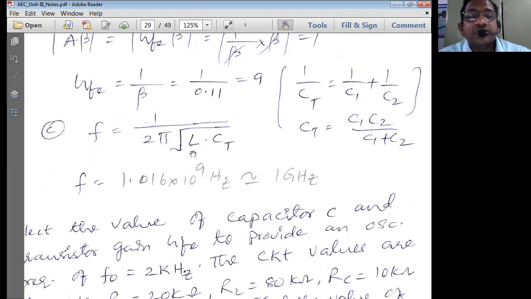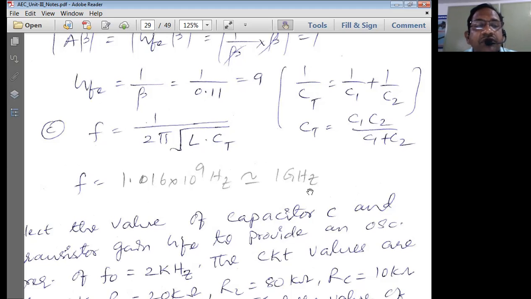Finally, the frequency of oscillations is equal to 1 by 2 pi root of L into CT. What is CT in the Colpitts oscillator? It is nothing but C1 C2 by C1 plus C2. This is the basic formula for CT. Simply substitute all these values: C1, C2 and L are known to us.